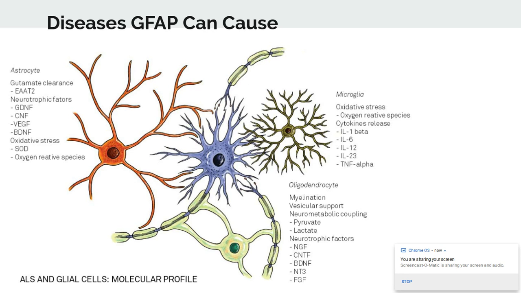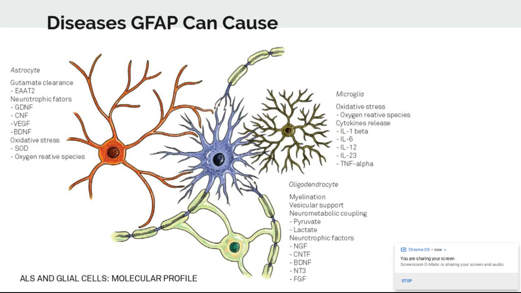More than 50 GFAP mutations, which alter the structure of the protein itself, can cause Alexander disease, a rare disorder of the nervous system. It is one of a group of disorders called leukodystrophies that involve the destruction of myelin because the mutations change the structure of the amino acid used to make GFAP.